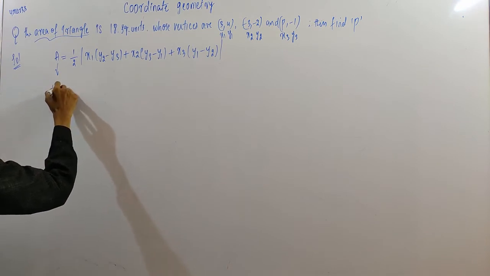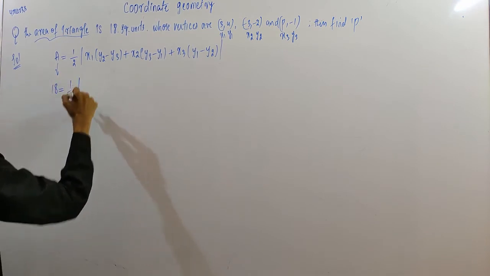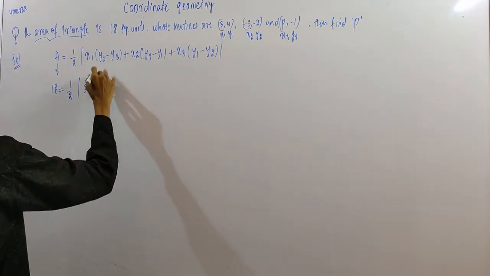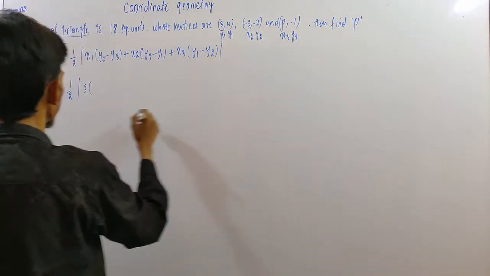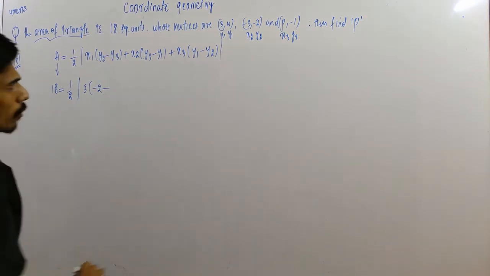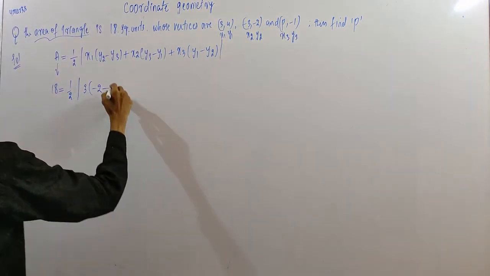Now this area is mentioned as 18. So A value is 18, which equals 1 by 2 mod, x1 value is 3, y2 value is -2. Here we have minus, so put minus y3 value, which is -1.